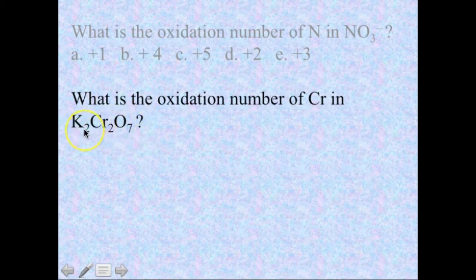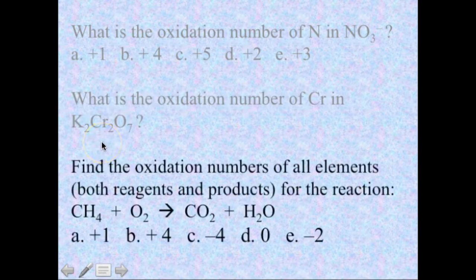So we're at +2 and a -14. That's a -12. So the 2 chromiums together have to be +12, and there are 2 of them, so that makes each chromium +6.